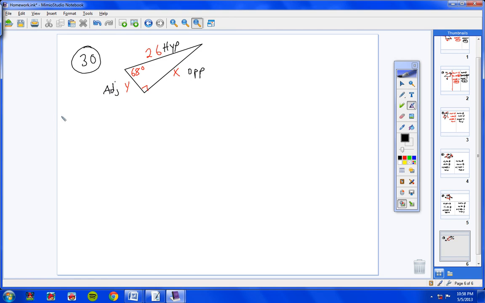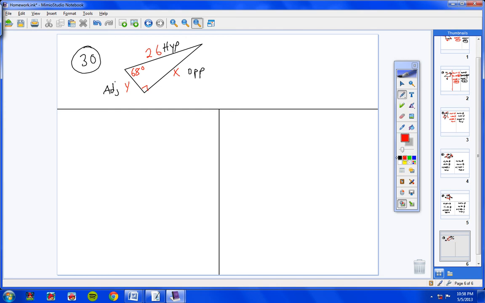Now let's get some boundaries drawn up here so we have some bit of organization. Okay, you cannot use 30, 60, 90. You cannot use 45, 45, 90. You cannot use tangent, and you cannot use Pythagorean theorem. So we're going to have to use the sine of 68 equals opposite over hypotenuse. So the sine of 68 equals opposite, which is x, over hypotenuse, which is 26.